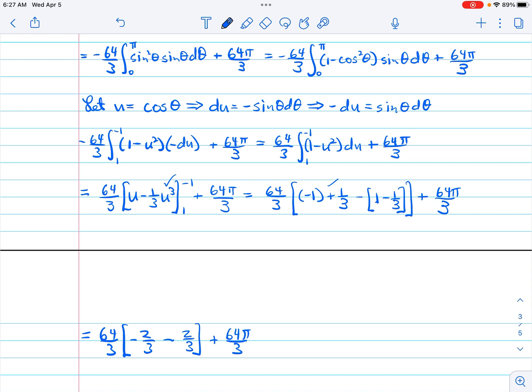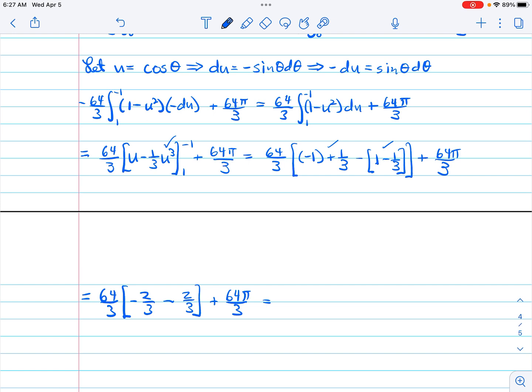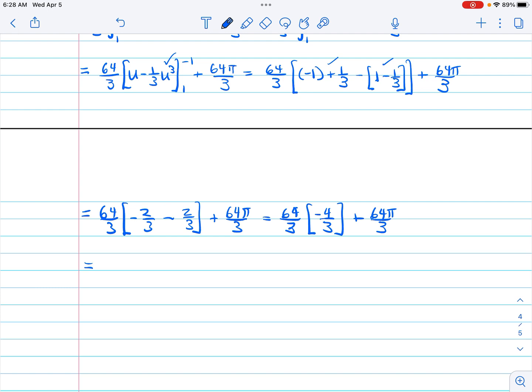So this is negative 2/3 minus 2/3. Okay, so this is going to be 64/3 times negative 4/3 plus 64 pi over 3. And I'll just factor out the 64/3. We've got negative 4/3 plus pi. Yeah, there it goes. Negative 4/3 plus pi.